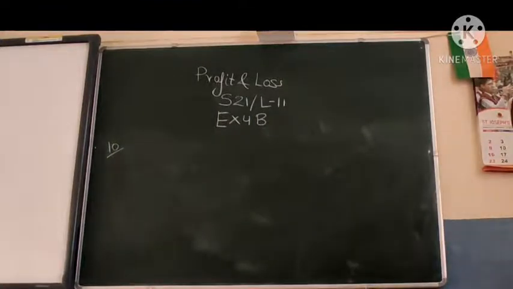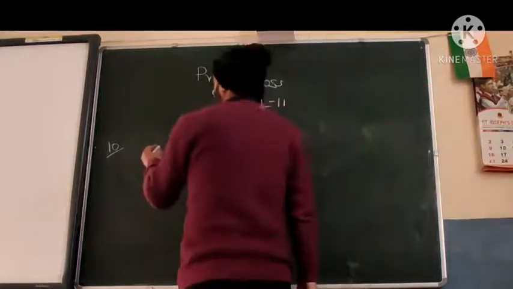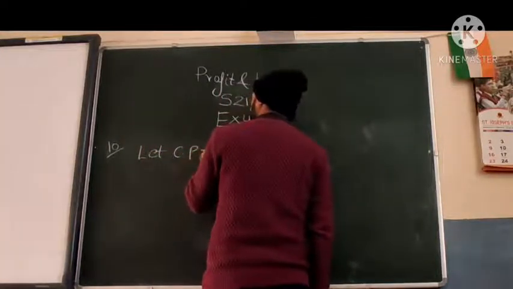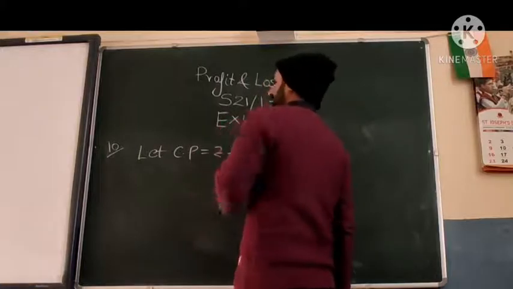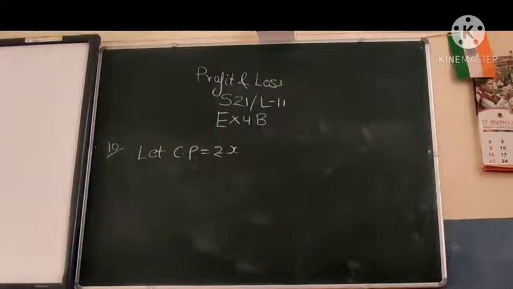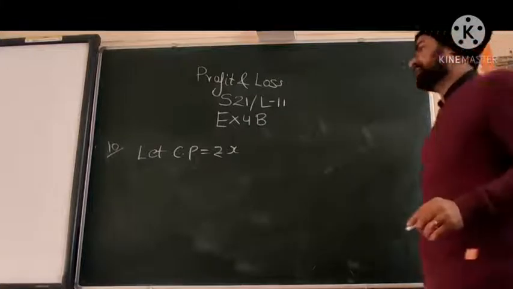So in all these problems, let's fix the cost price first. Let CP be rupees X. Once CP is given, what will we fix after CP? We will fix the gain. Gain is 20%.